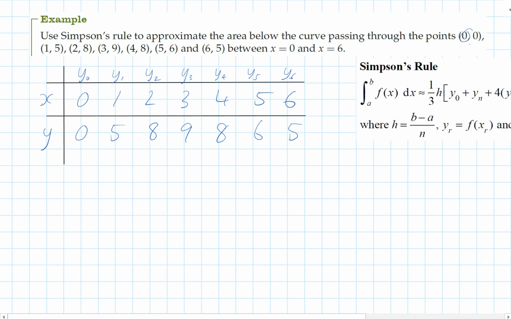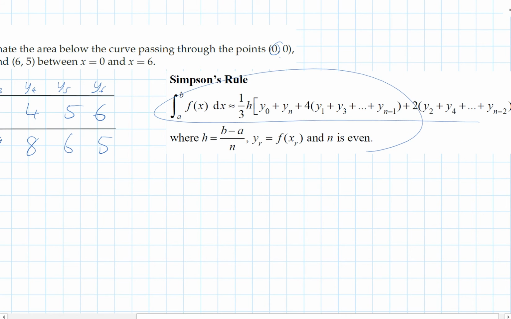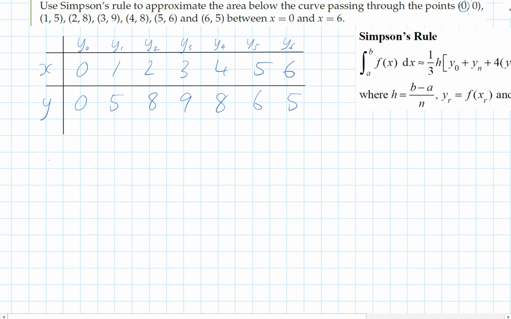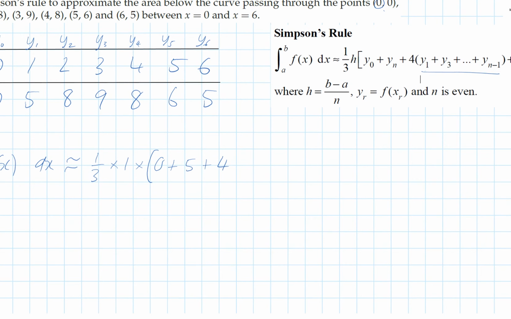Okay, so now that we've got those values in a grid form, we can throw it into our formula here. We'll say that our integral from 0 to 6 of whatever our function is going to be approximately equal to 1 over 3 times our interval, which is going up in ones, times our first y value plus our last y value plus 4 times all of our odd interval ones.